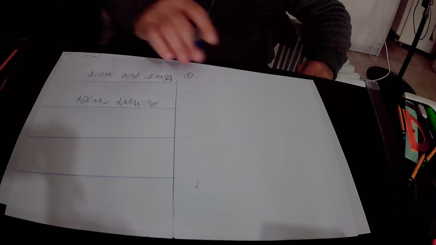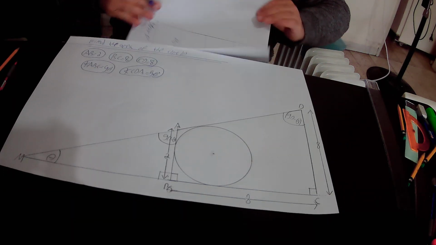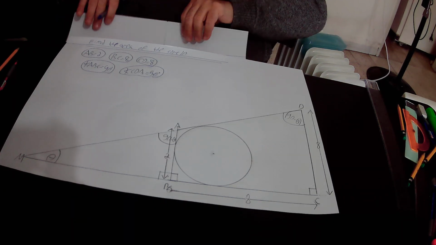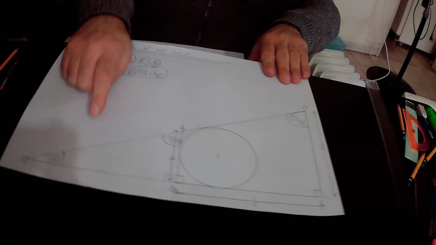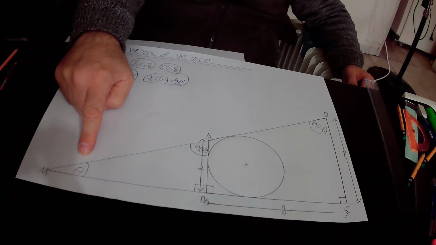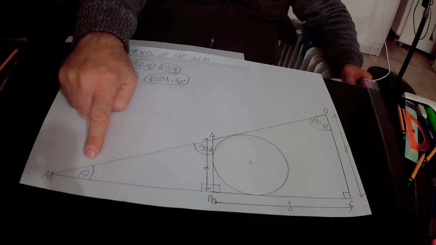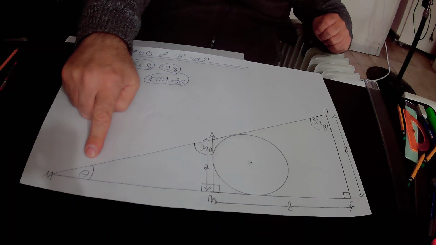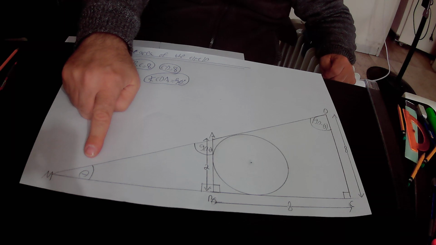In addition, this is angle theta. That is a common angle. It belongs to both triangles. So we can write down that angle theta equals itself, a common angle that belongs to both triangles.